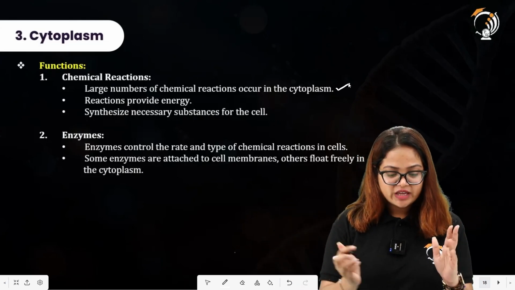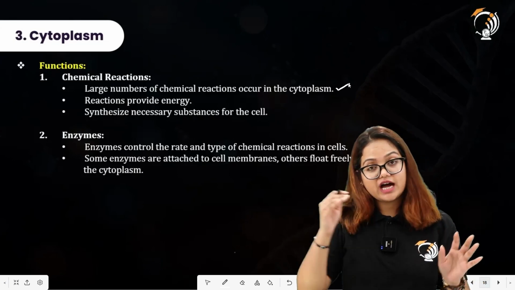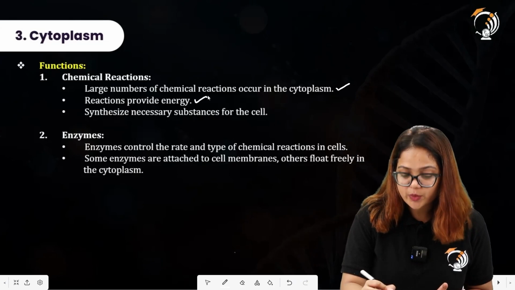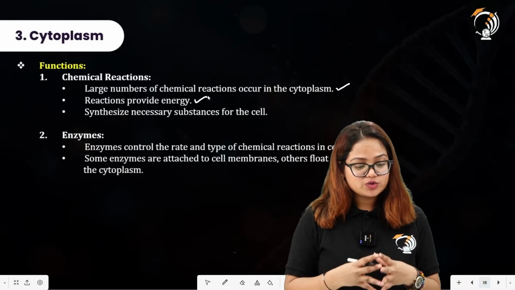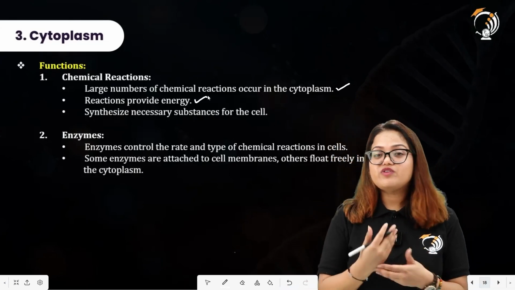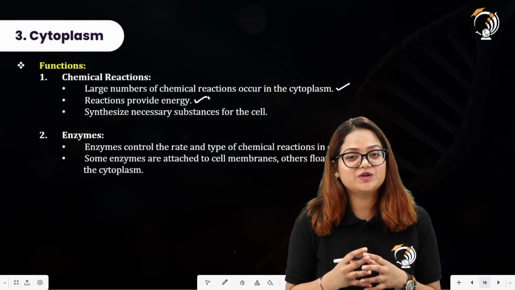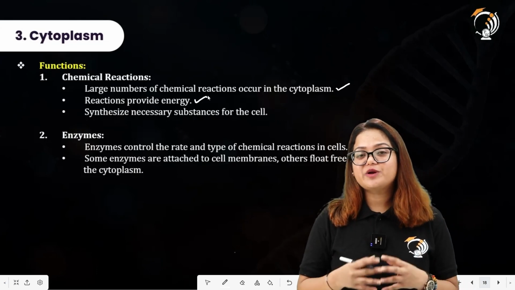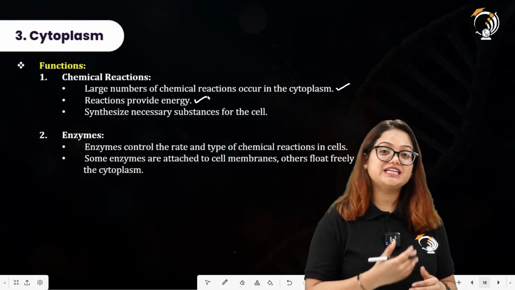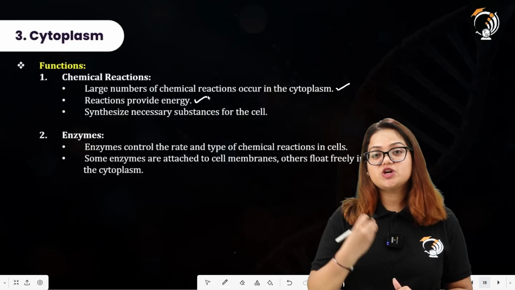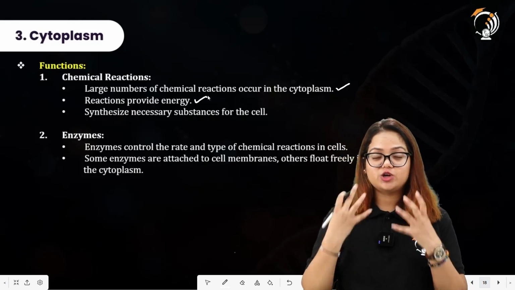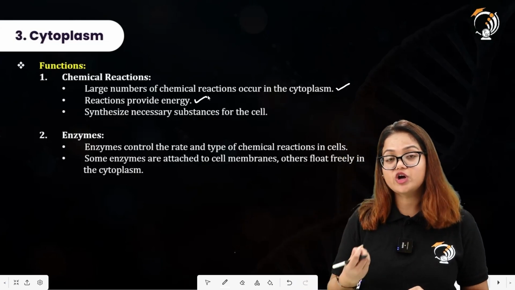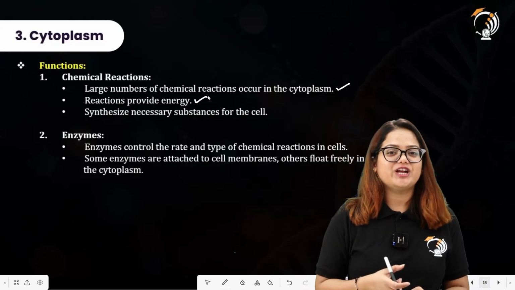So a large number of chemical reactions occur in the cytoplasm. Then the reactions provide energy. Now how does the cell synthesize energy? Energy is required by the cell to perform cell division, in which the cell divides. Division of cells requires a lot of energy, and all of the reactions responsible for providing energy occur in the cytoplasm as well.